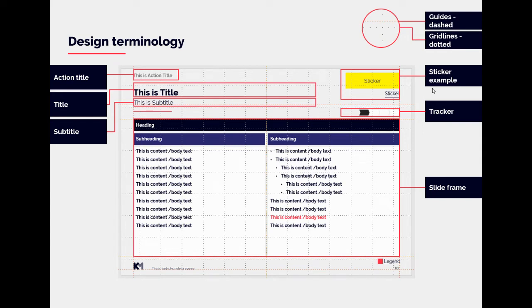Then very important helpful lines are guides and grid lines that might help you with alignment. As you can see, these dashed lines are called guides. There are two different types of guides. One type might be entered directly into the slide master, then you can't move them, and they are usually colorful like these ones.